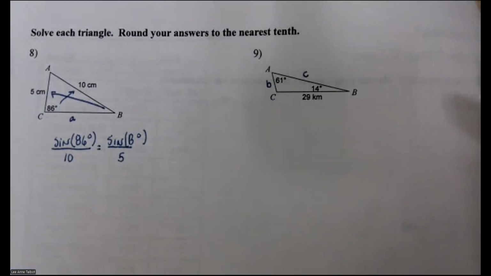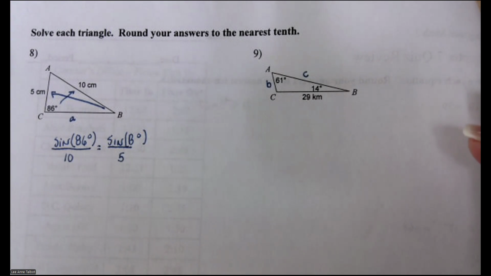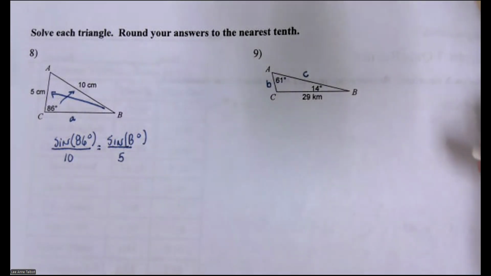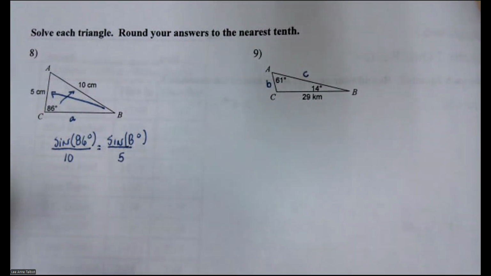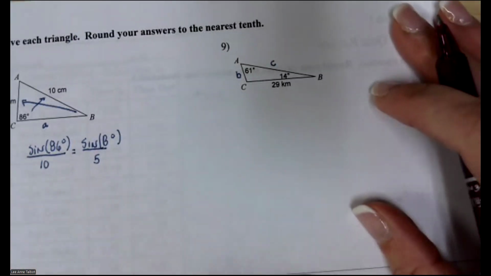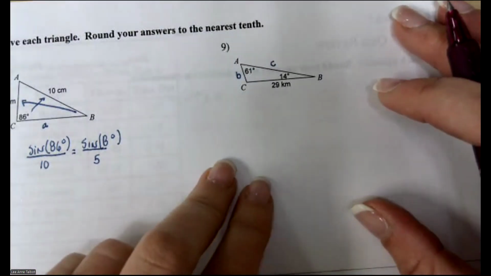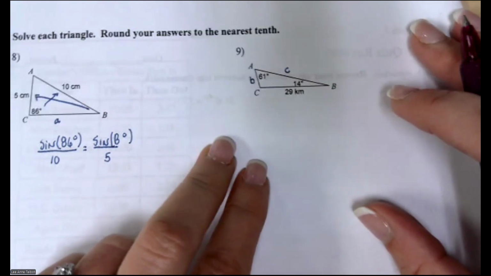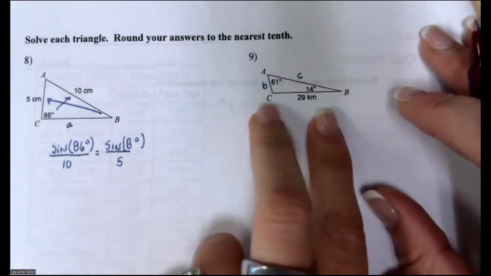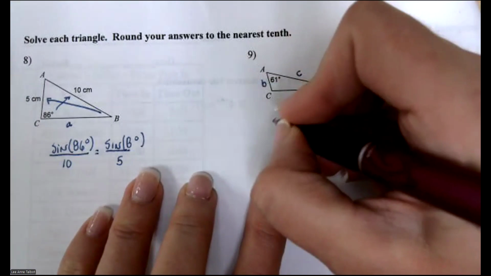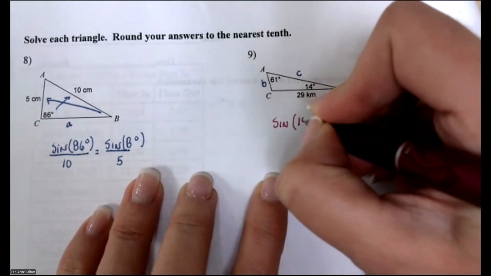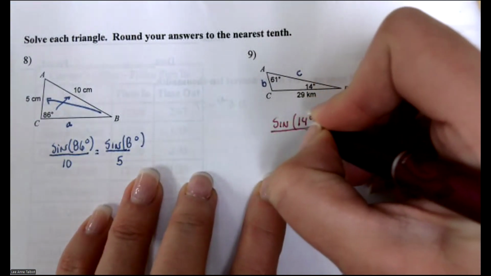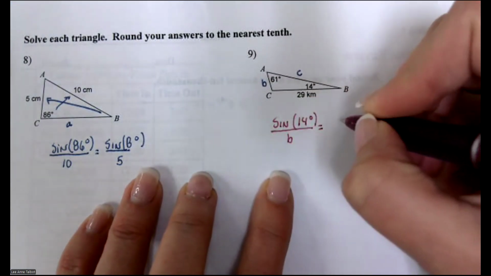So did you get the first part set up, Gio? Okay. Do you see one angle and one side that are across from each other? 14 and B. Beautiful. Sine 14 over B equals.